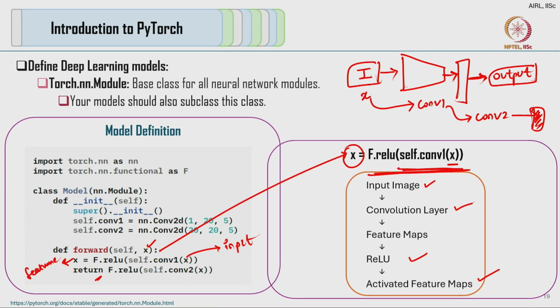Now, this feature map again is passed through conv2 and ReLU and then is returned, which is essentially this part, right. So, an intuitive way to understand is we should define all the layers that are useful in the model in the init itself, right, which is defining different convolution operations, different fully connected layers and so on. The forward essentially defines the forward pass. It is essentially defining how the model is going and when it is returning the value, right.